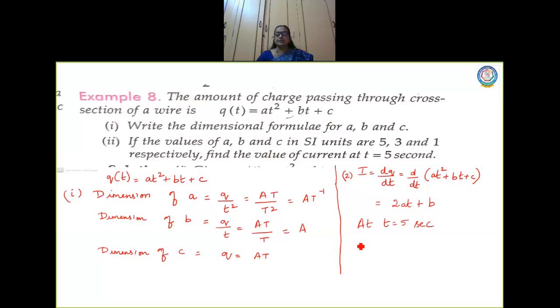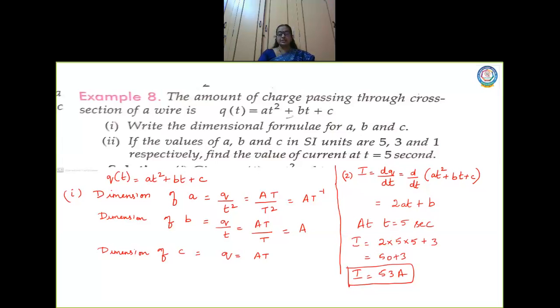So I substitute 2 into the value of A, which is given as 5, into the time, which is also 5, plus the value of B, which is 3. So 2 into 5 is 10, 10 into 5 is 50, plus 3, so the current value is 53 ampere. Are you able to understand this concept, children?